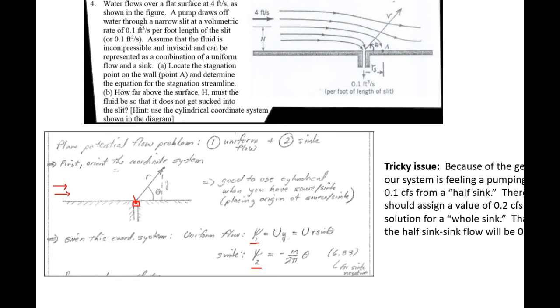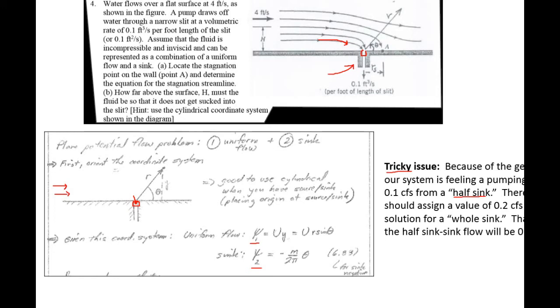Now a tricky part here that kind of comes from experience is that our sink is really for a whole system. Our sink would be taking things from the side as shown, but it's also taking things from the other side too. When you say sink, it should be coming from all sides. So basically what you have here is a half sink.